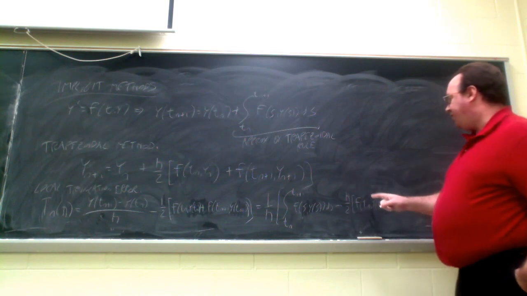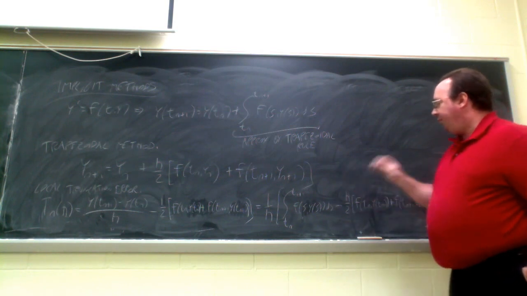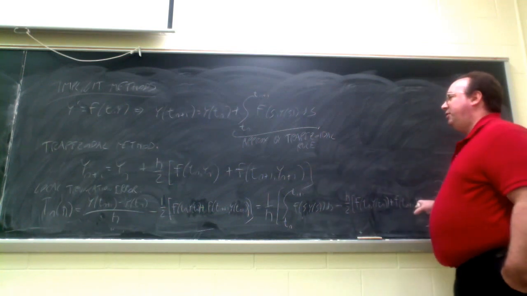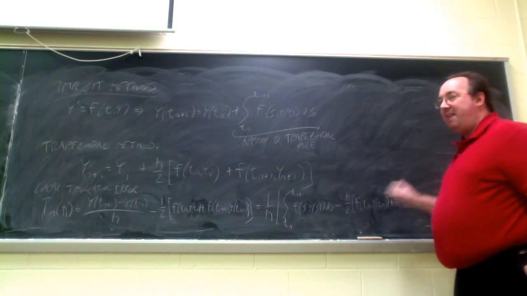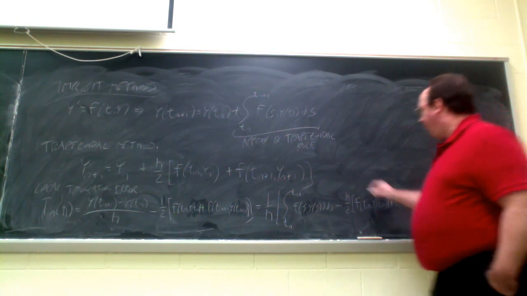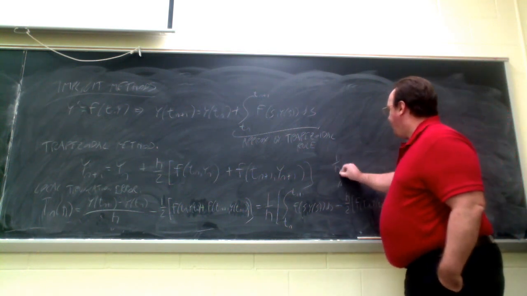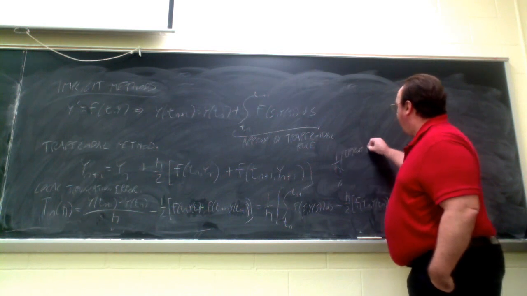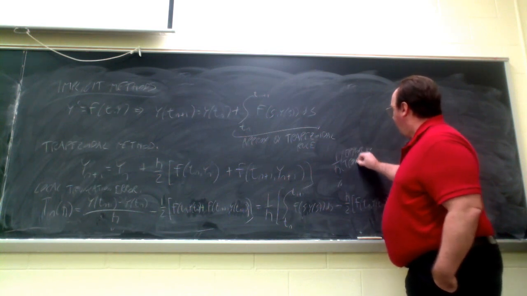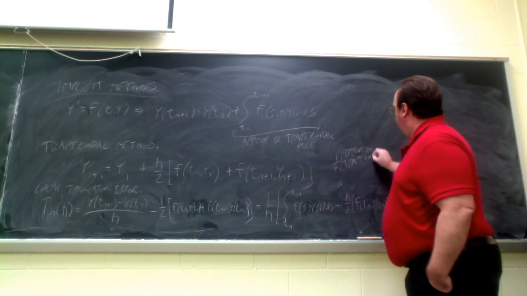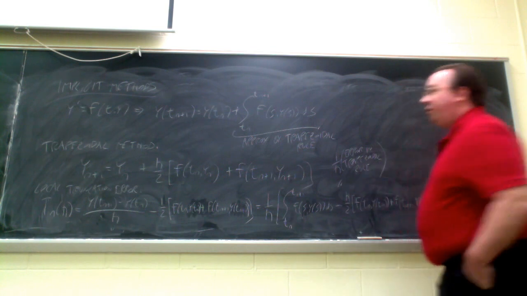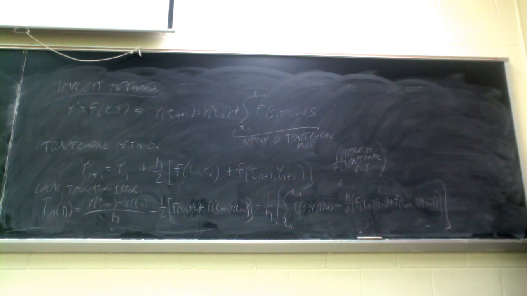Now, this local truncation error, what do I have? I have 1 over h times an integral minus the trapezoidal rule approximation of that integral. So this is 1 over h times the error in the trapezoidal rule. Well, we have an error formula for that from before, so we can just use that.